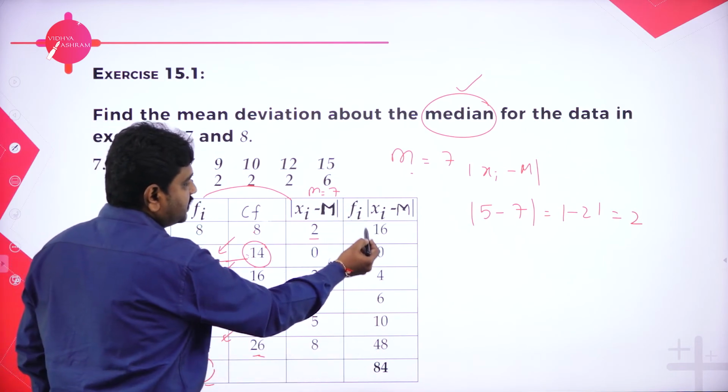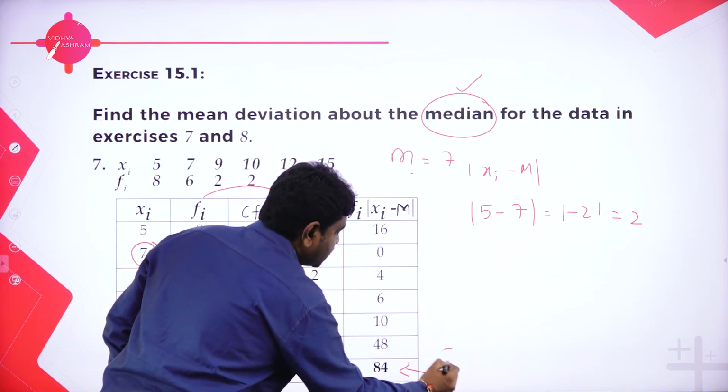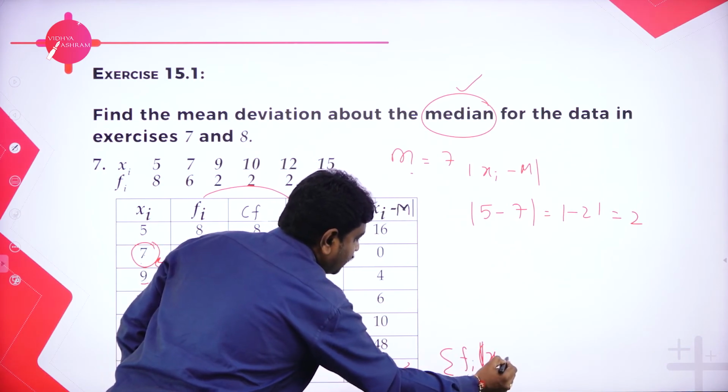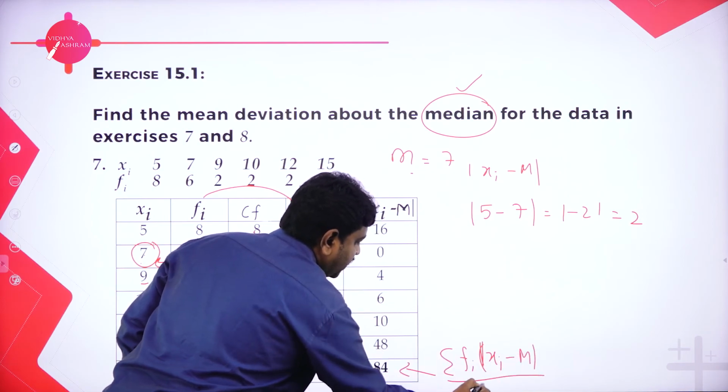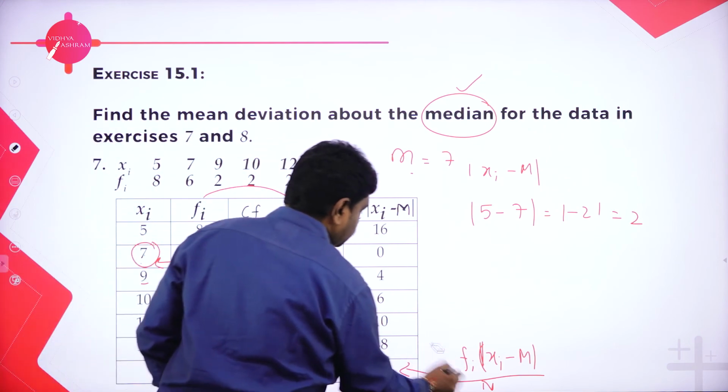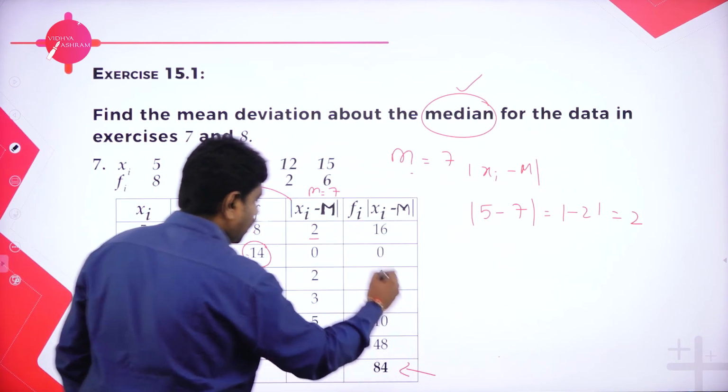Now you should add this. This entry we call sigma fi into modulus of xi minus capital M, divided by n. So this is the formula. This column you should add.